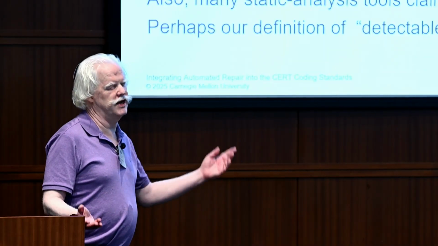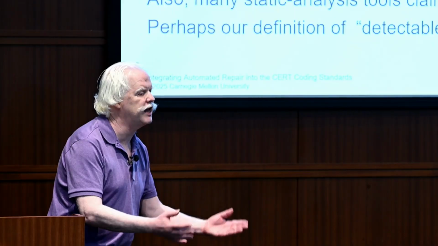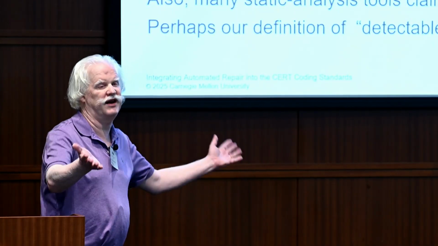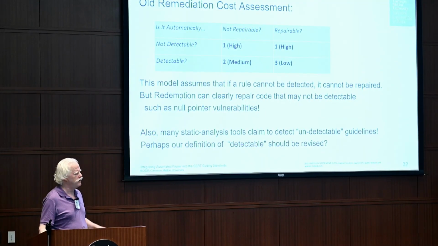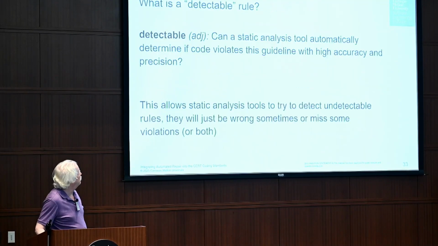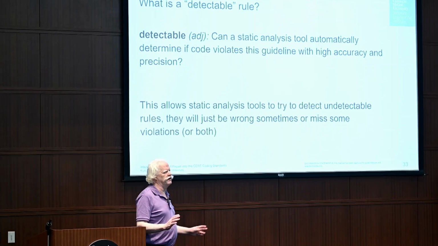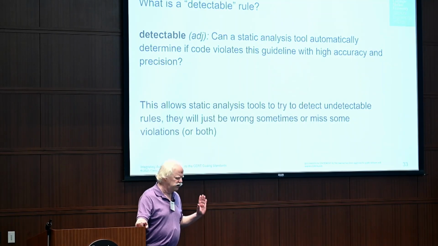And furthermore, as I said, every rule has a bunch of static analysis tools that claim that they detect violations of the rule, even if the rule claims that it's not detectable. I mean, what's going on there? Are they lying? Well, the answer is they're not lying. They are just simply relying on the fact that our definition of detectable was kind of fuzzy and nebulous.